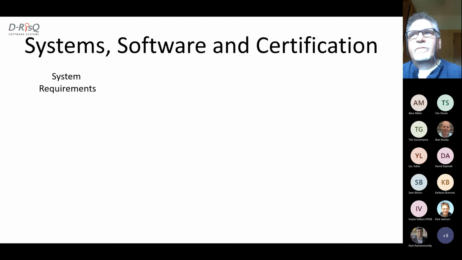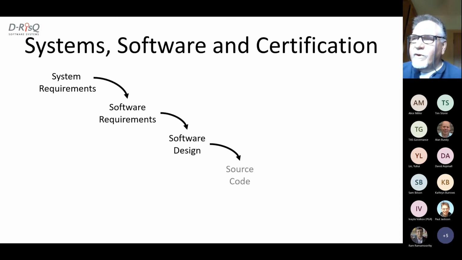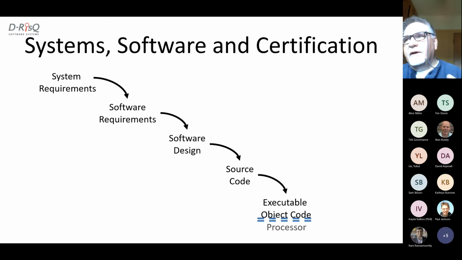So for system software certification, of course, you start off with your system requirements, and then parts of those are allocated to software. So you have your high-level software requirements, your software design, which will be an architecture and low-level requirements. And low-level requirements are those from which you directly code the source code, of course, and compile to executable object code on a processor.